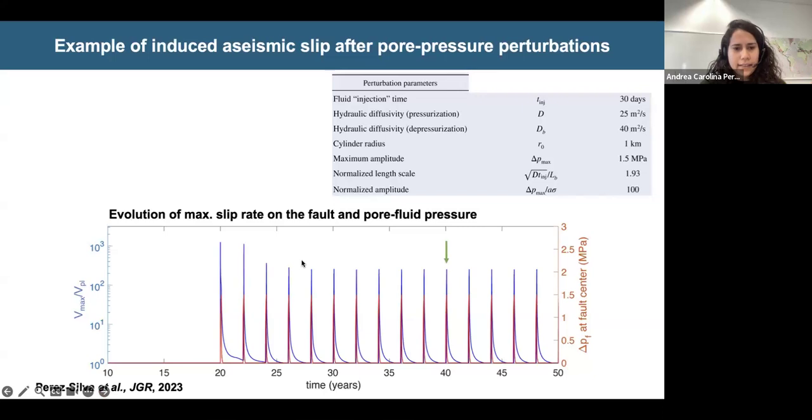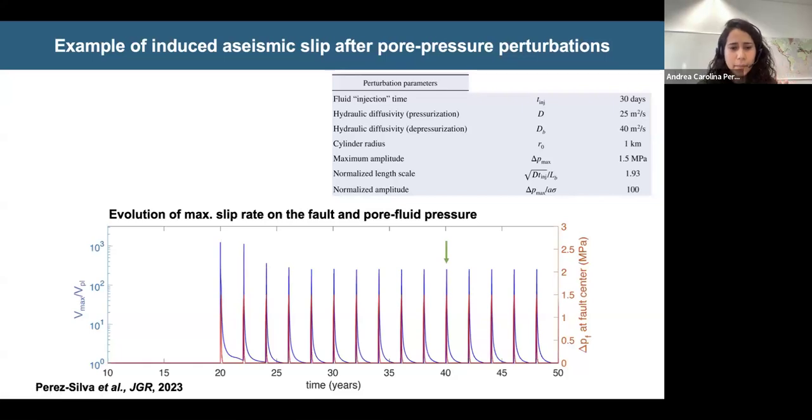So these are the results of these perturbations. We impose the perturbations every 2 years. And as you can see, the red lines indicate the pore pressure change, and the blue lines are the change in the slip velocity.